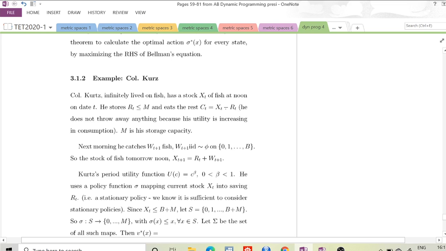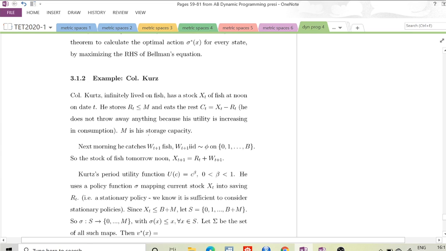This is very similar to an infinite horizon optimal consumption problem, where there is some consumption, the rest is saved. Here the rest is stored. There is some constraint on the amount that can be stored: you can't store more than capital M.